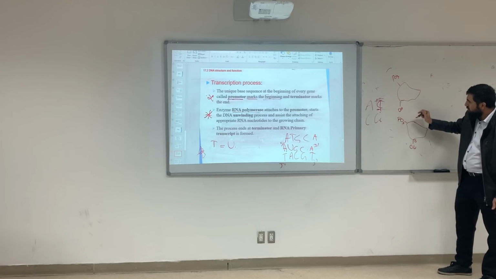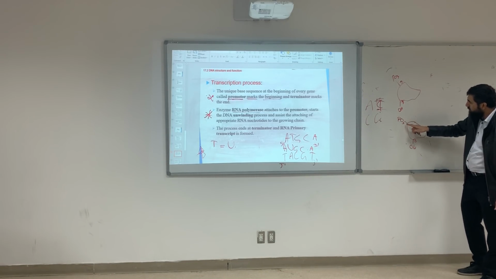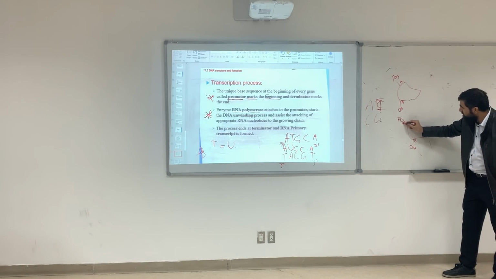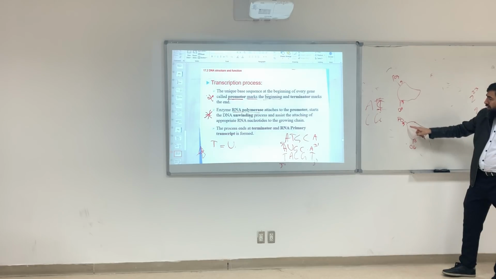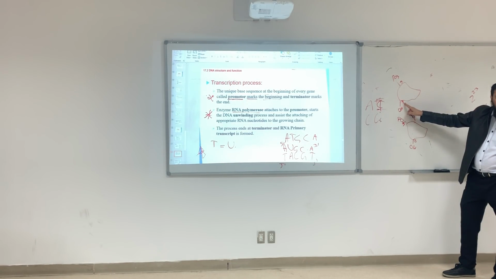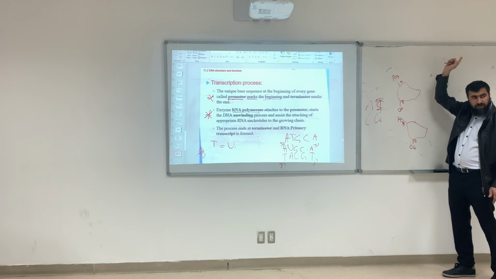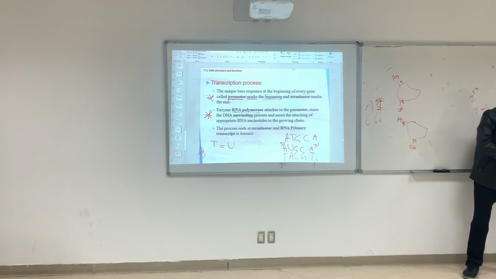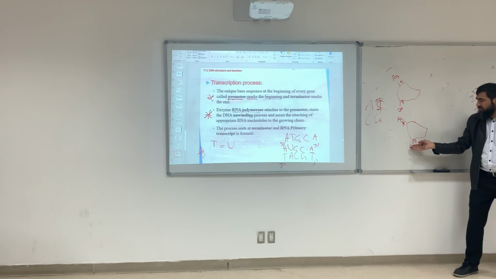So the 3 and 5 carbons join, then again 5 to 3, 5 to 3. That's why it's called 5 prime to 3 prime. The synthesis of the RNA molecule is in this fashion.